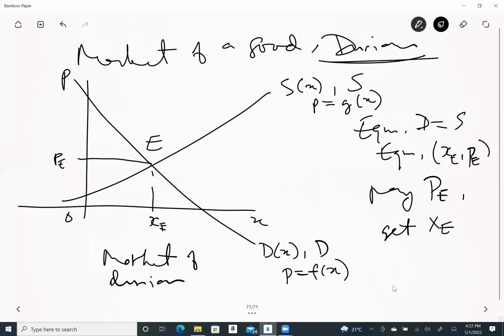Similarly for the firms, they give you XE. What do they get? They get the price PE. Now, how much is the total expenditure to the consumers? How much do you spend on durian?